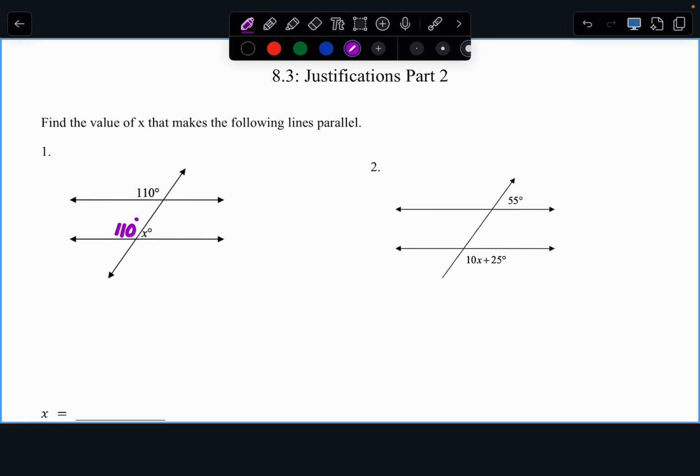So what we're going to do is write an equation where 110 plus x equals 180. So what does x have to be? 70.